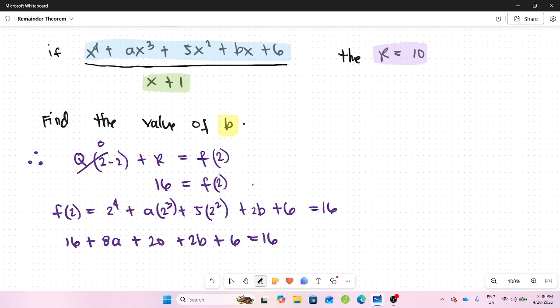Let us combine like terms here. So we have 16 plus 20 plus 6, so that should be 36 plus 6. We have 42. 8a plus 2b plus 42 equals 16.